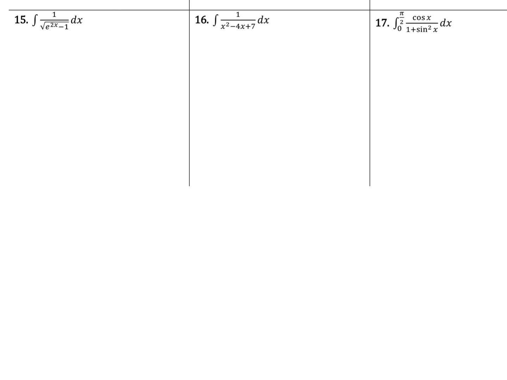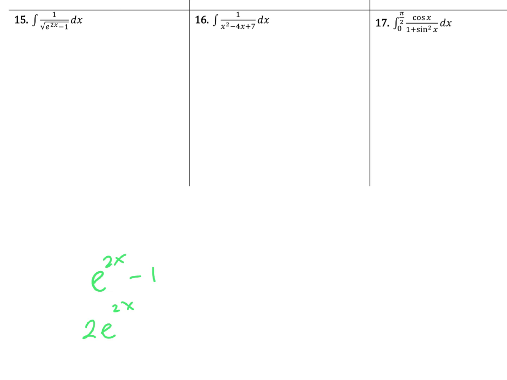What I'm going to do on number 15 is use u substitution. If I try to let u just equal e to the 2x minus 1, when I take the derivative of that, I'm going to get 2 times e to the 2x. And it seems like something's going to be a little bit off here.